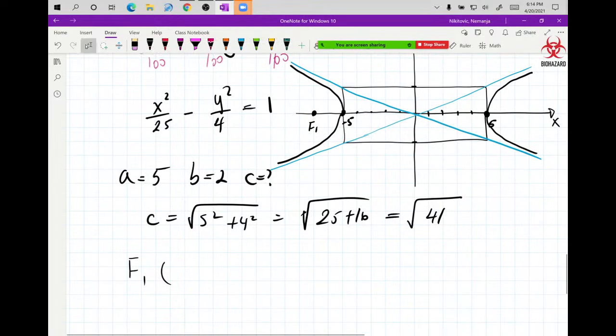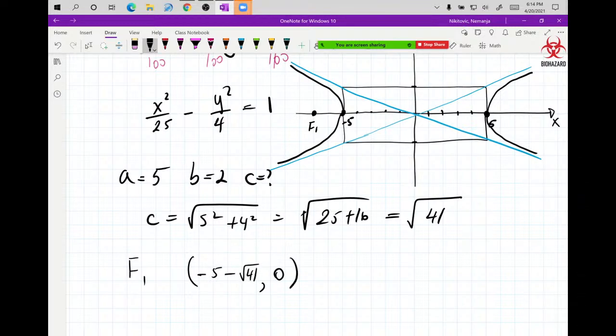okay. So we're going to have our focal point is going to be -5 units and then take away root 41. So -5 take away root 41 and then 0 because it's a point. You need x comma y. So now why is the x coordinate -5 minus root 41?